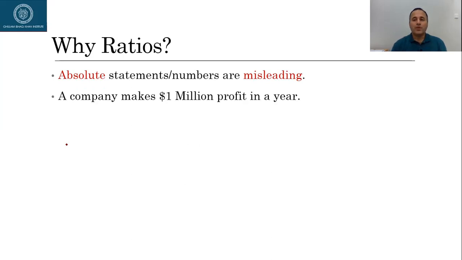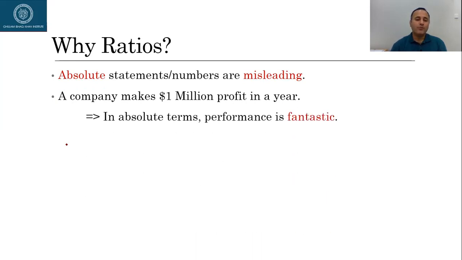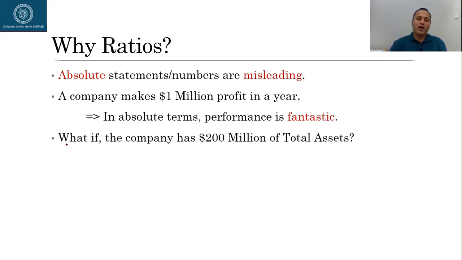Let me give you an example from finance. Suppose a company makes $1 million profit in a year. If you see this information in absolute terms, this performance is fantastic. $1 million is a lot of money. But what if the company has invested $200 million in total assets?